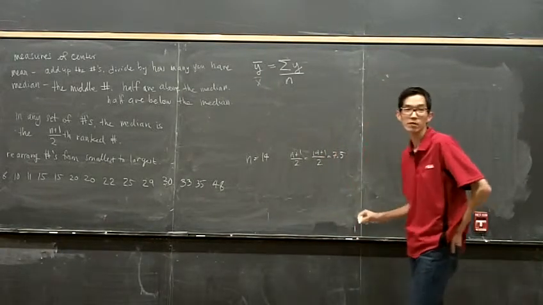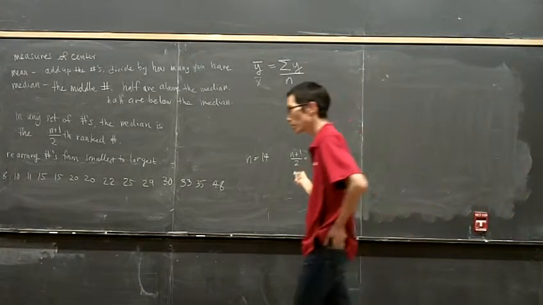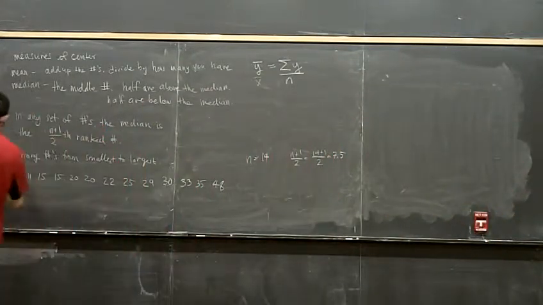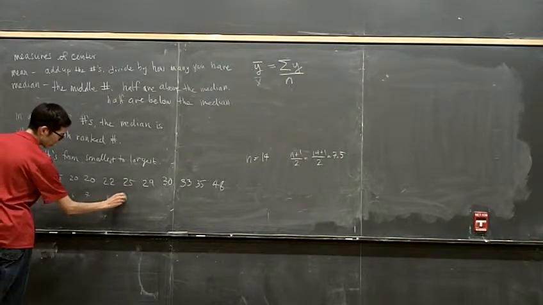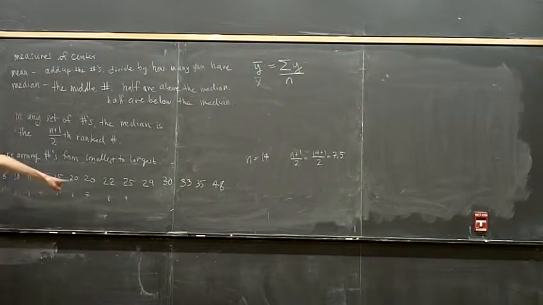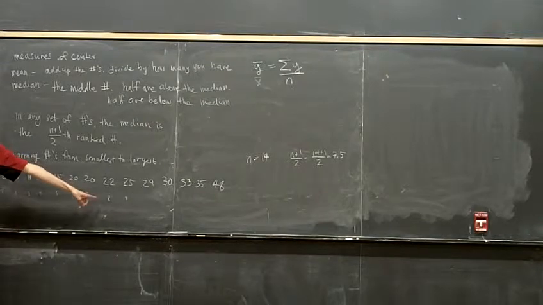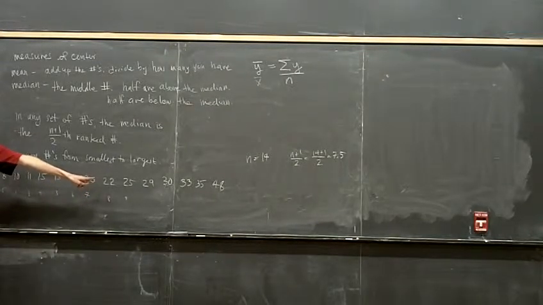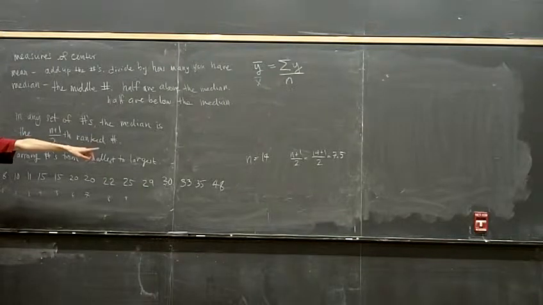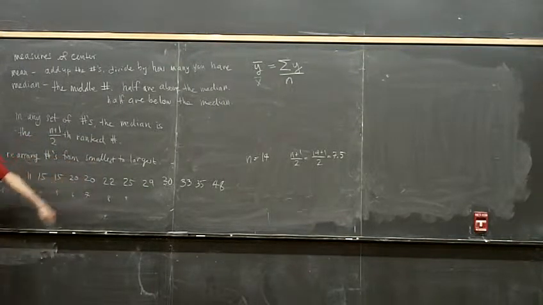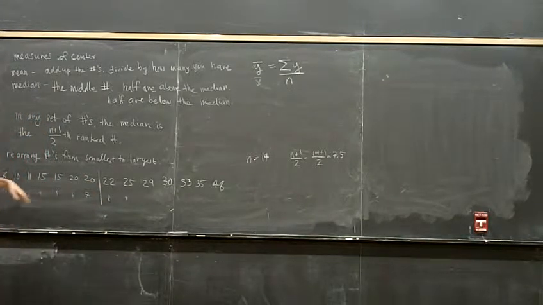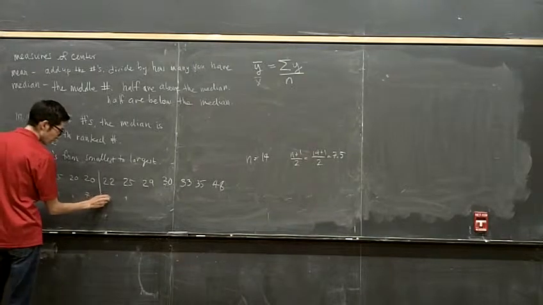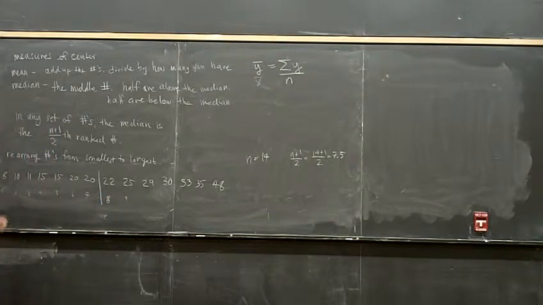I get 7.5. So if I rank these from smallest to largest, this is my first place number, first, second, third, fourth, fifth, sixth, seventh, and eighth number, and so on and so forth. So my 7th rank number is 20, and my 8th ranking number is 22. So my median is the number in the 7.5 position. So it's the number between 7 and 8. So at this point, I would just take halfway in between the 7th and 8th place number.